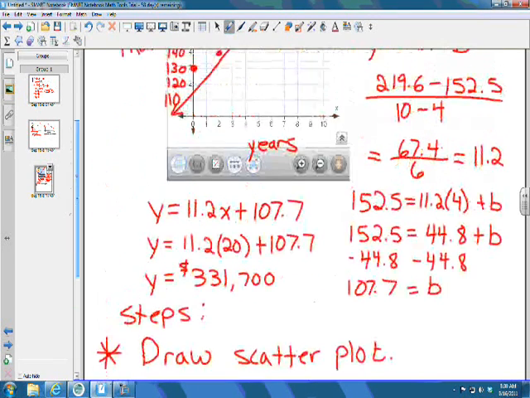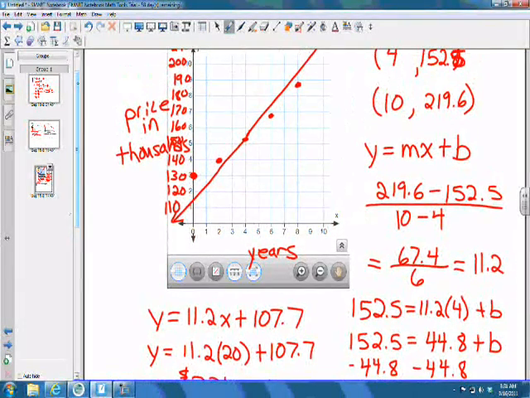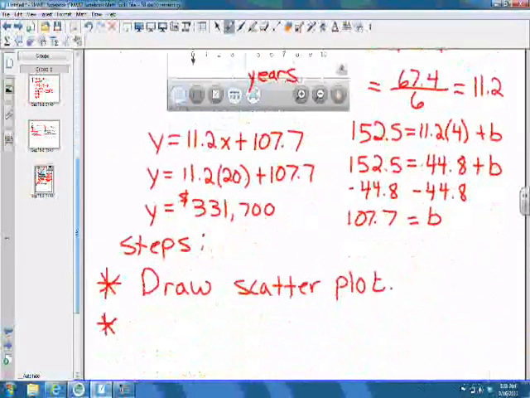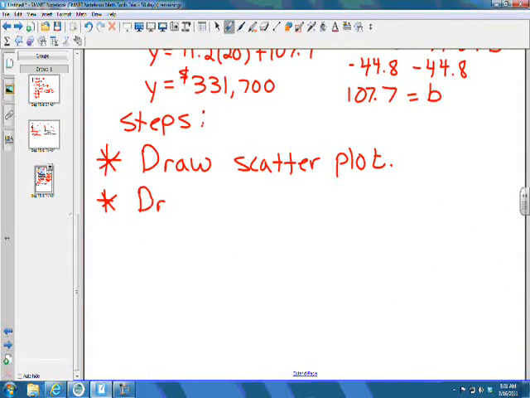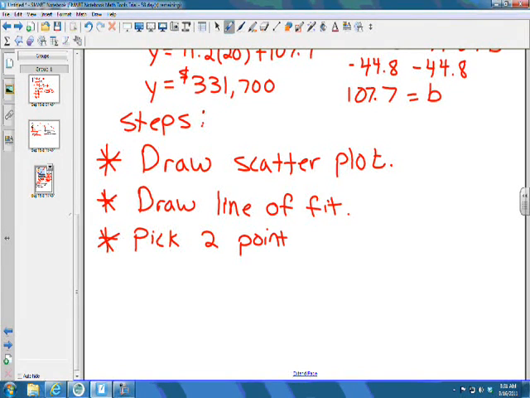Yeah, pick the points, and I would put that with the same step as draw your best fit line, or line of fit. And then I would do your 2 points. Pick your 2 points and write a prediction equation.